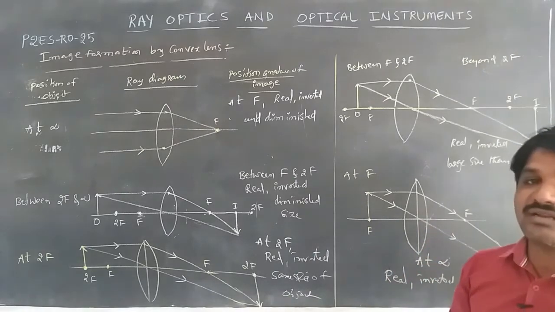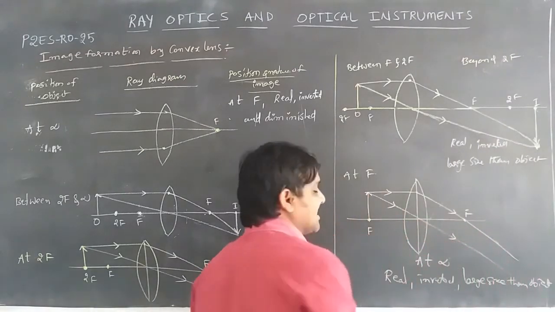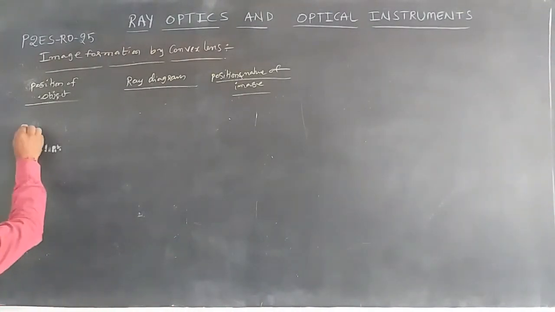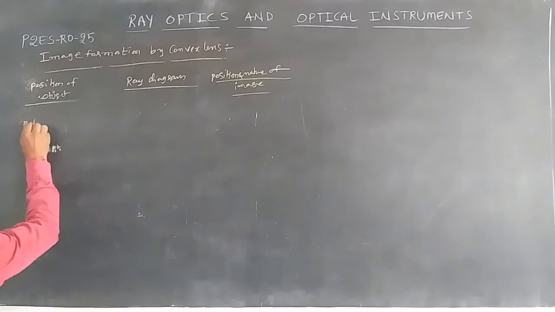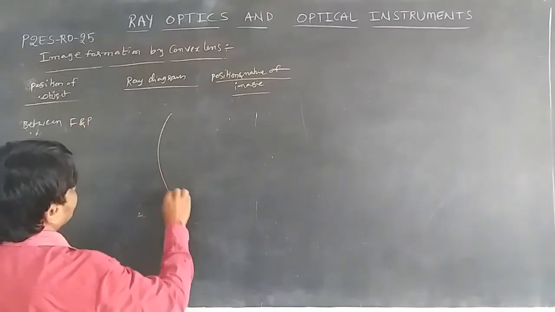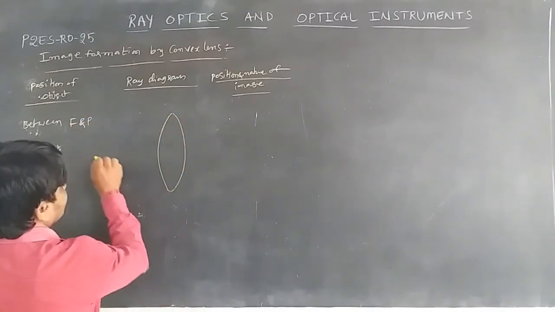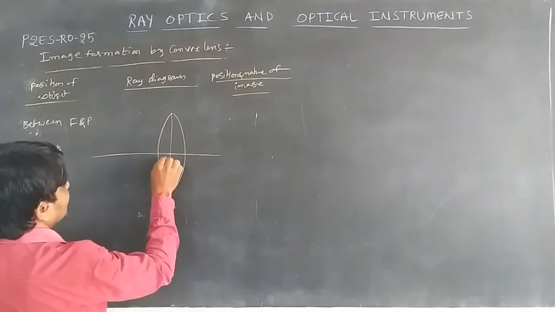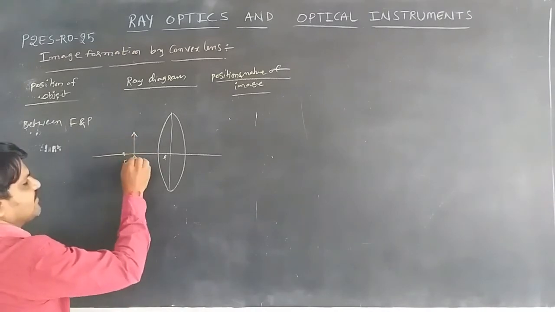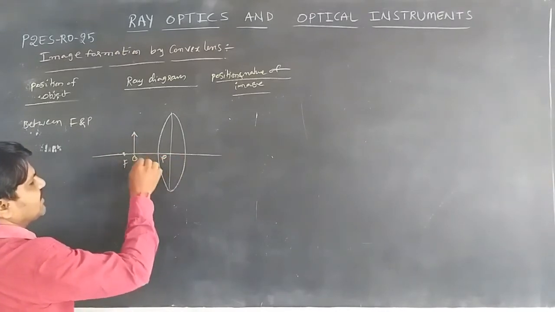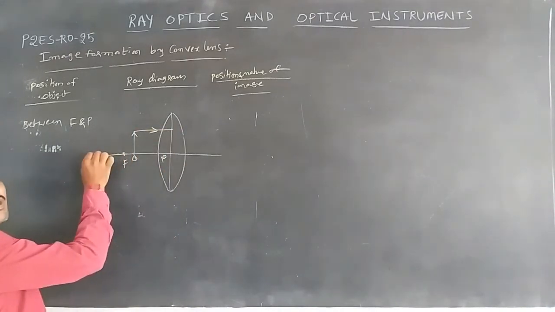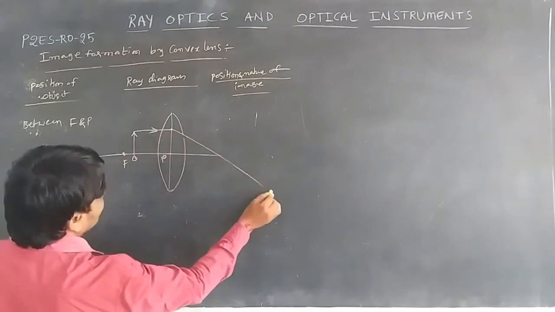Whenever the object is placed between the focus and p, from the focus to the pole, then the image is formed on the side of the object. A very large size of image will be formed on the side of the object.